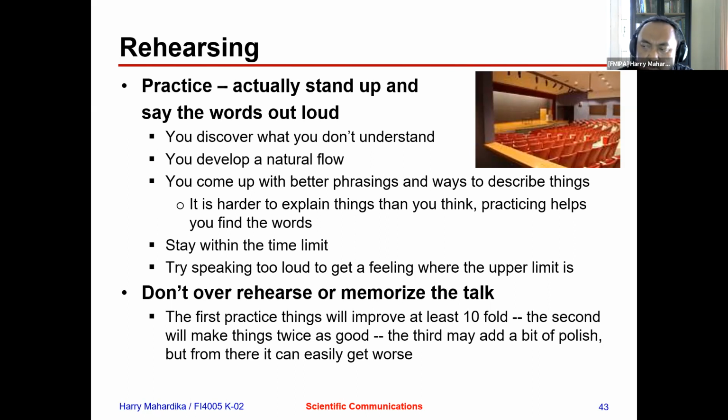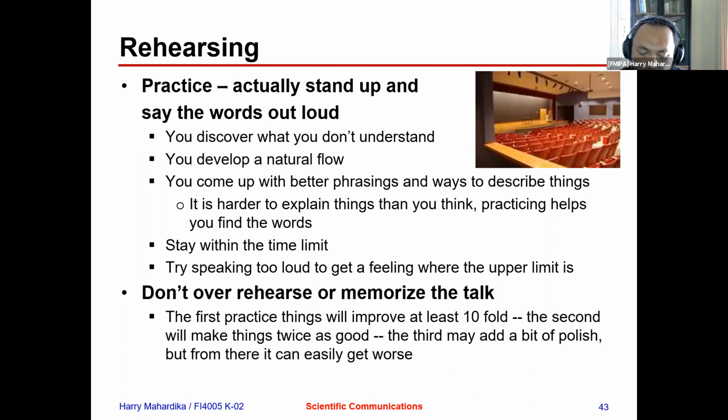If you know all about the topic without memorizing it, at least you know what the main topic is and what the main explanation is from one slide to another without having any visual.